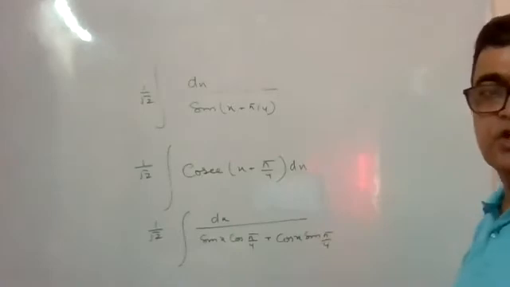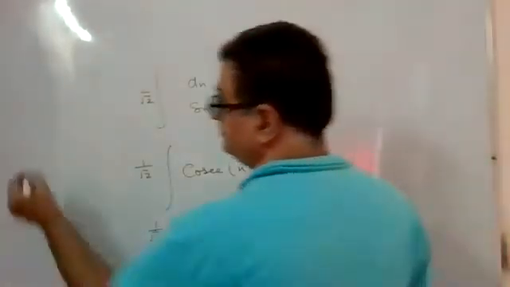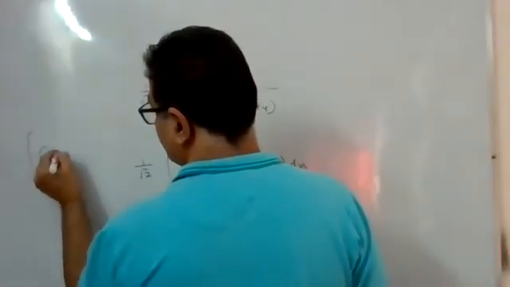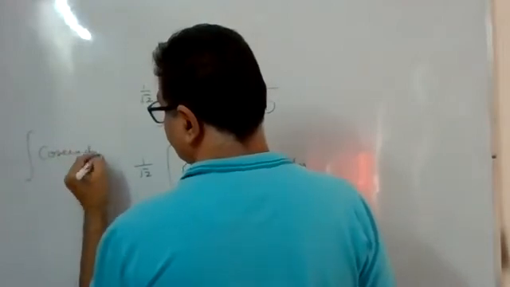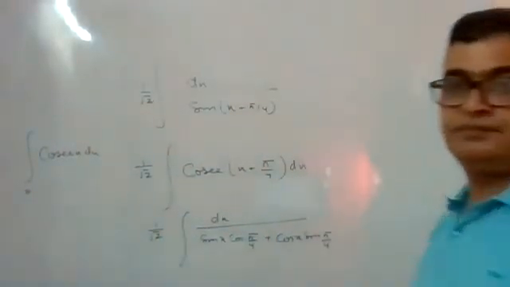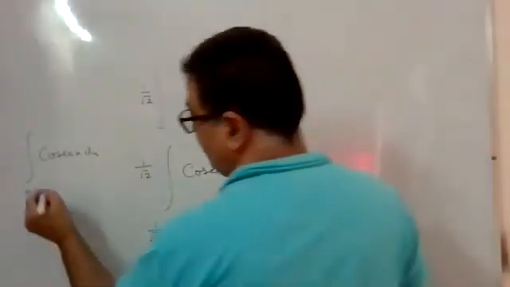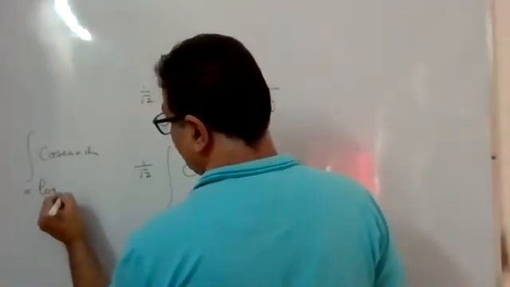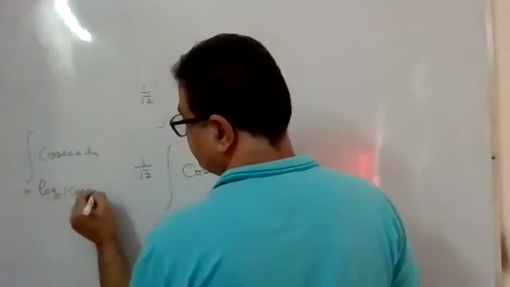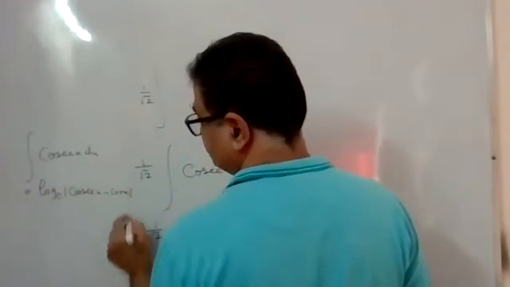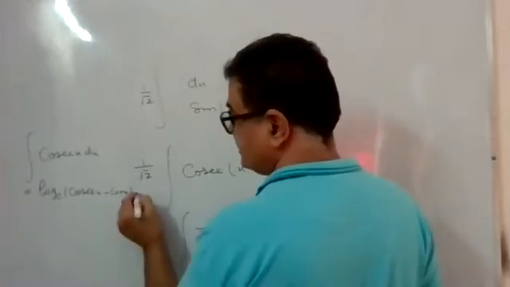And what was the integration of cosec x? Can you tell? Integration of cosec x dx. What was the answer? Log of cosec x minus cot x. One more answer was there. Please tell that also. One answer was this.